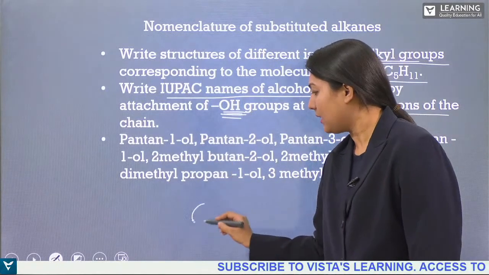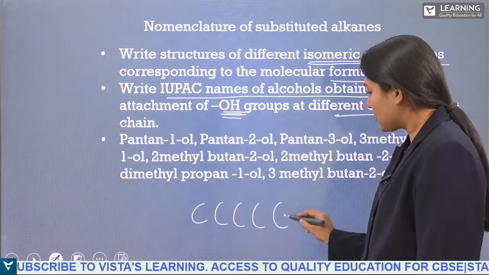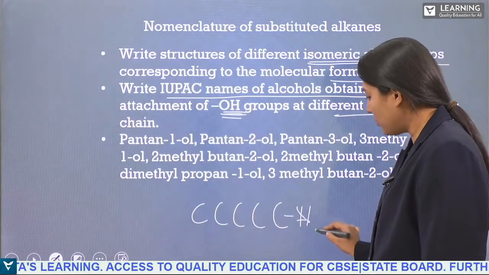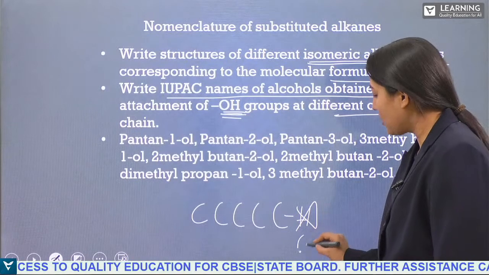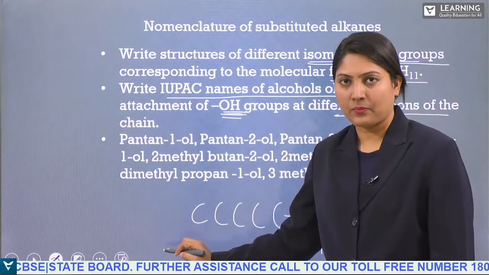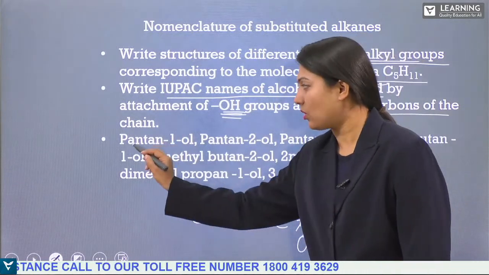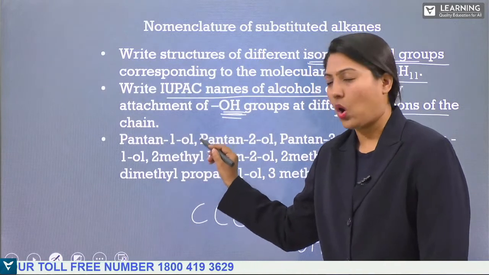Pentane has 5 carbon atoms. If you remove one hydrogen and add an OH group, we call it 1-pentanol, or pentan-1-ol.